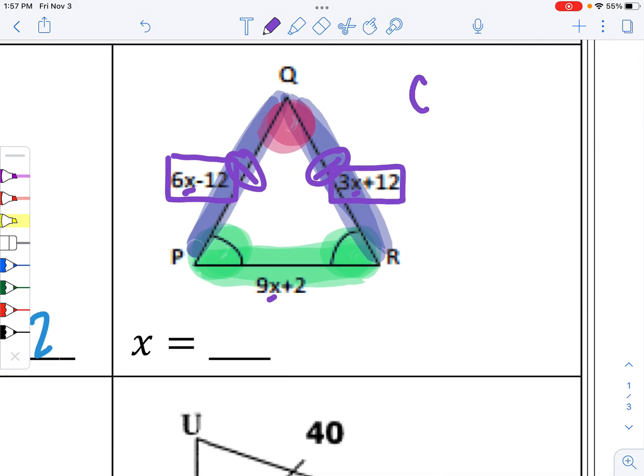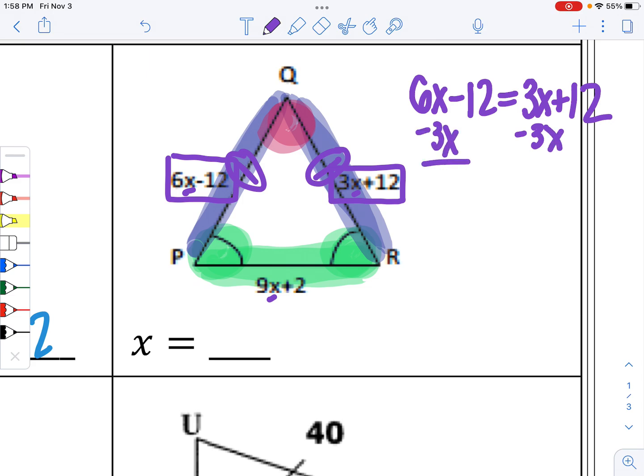And so the only ones I know for sure by definition of this isosceles triangle that are equal are these two. I actually have this 9x plus 2 on here as a distractor. However, it's on there so that if we know what x is, we can go back and plug it in and see what that value is.